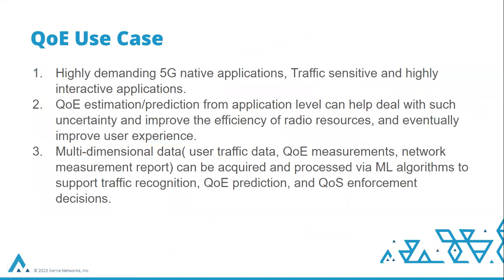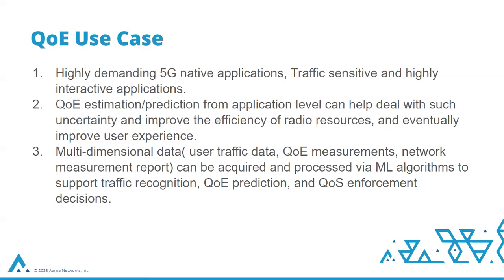So this is about the QoE use case. The main focus of the QoE use case is 5G native applications and traffic sensitive, highly interactive applications like cloud, AR, VR. The idea here is that if we measure the QoE at the application level, then we can efficiently manage the radio resources.